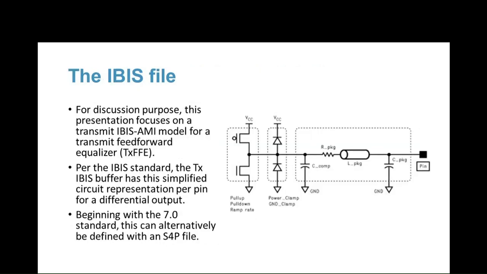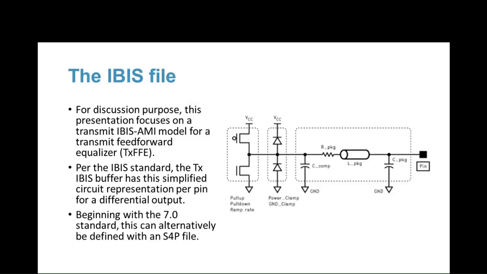So here is the IBIS file. So let's talk about the transmitter IBIS buffer. That buffer is defined by an IBIS file, and for each of the differential pins, there is a circuit associated with it that's represented by this circuit diagram.